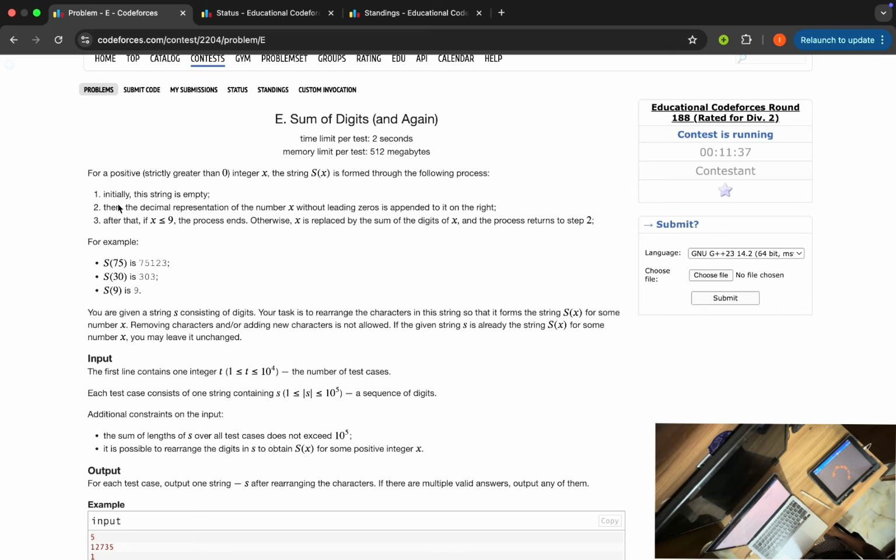Initially the string is empty. Then the decimal representation of number x without leading 0 is appended to the right. After that, if x is less than 9, the process ends. Otherwise, x is replaced by the sum of the digits of x. The decimal without the leading 0 is appended to the right.